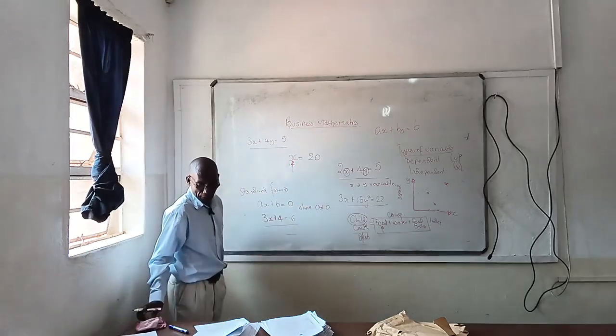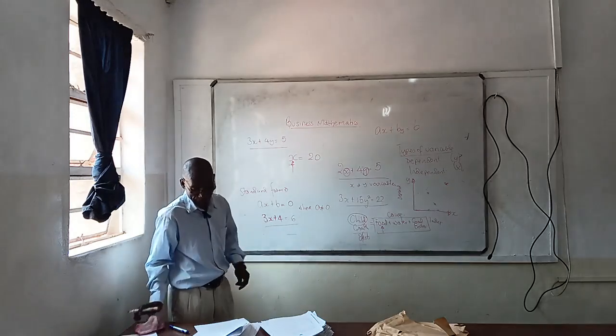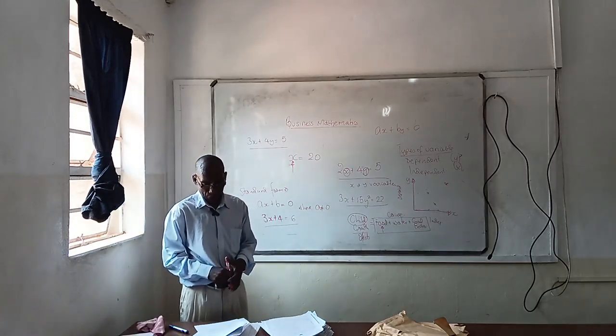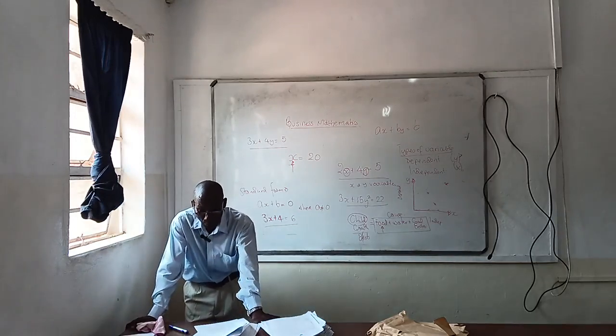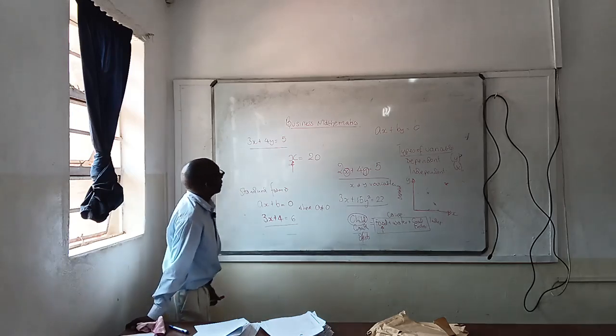Sometimes they are referred to as linear equations. A linear equation is an equation between two variables that gives a straight line when you plot it on a graph. You can plot it on the graph.